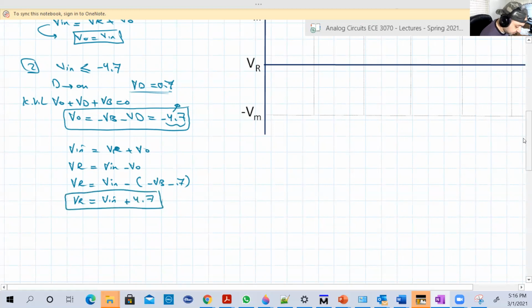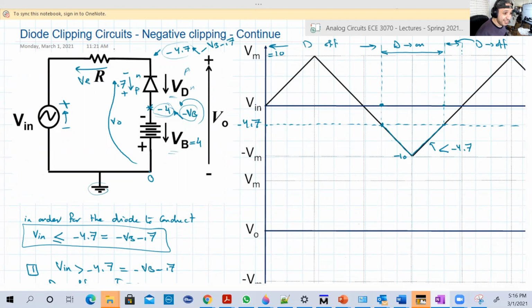Let's draw that now. We need to know where the input is greater than V input maximum, or minus 4.7, and when the input is less than minus 4.7. And we said that from that point here to that point, all these values are greater than minus 4.7, and also in that location.